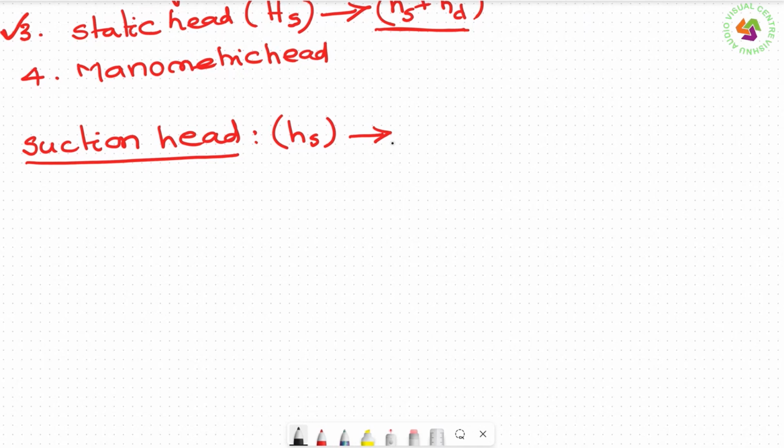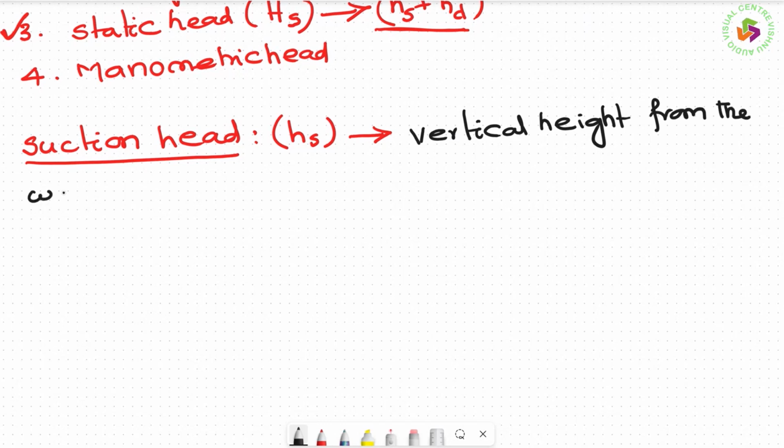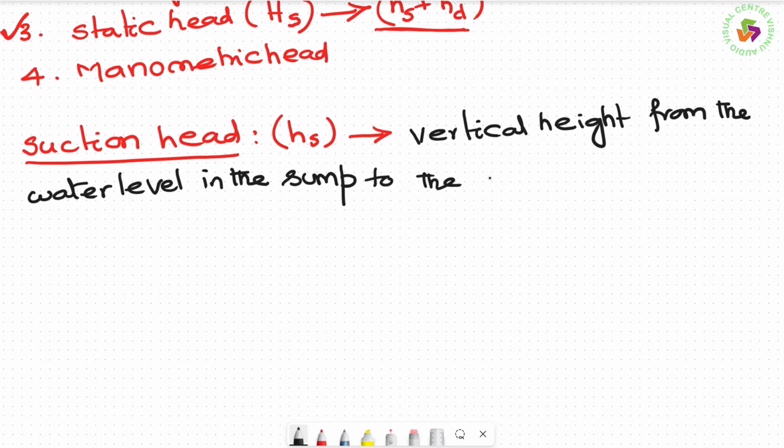It is the vertical height from the water level in the sump to the center of the pump, that means where you are having the eye of the centrifugal pump. This vertical height is called as suction head.